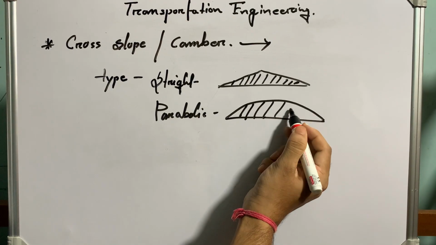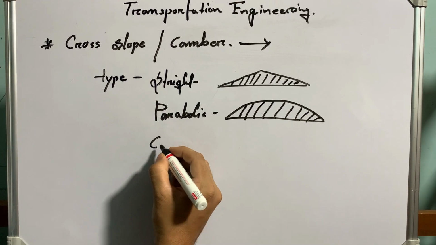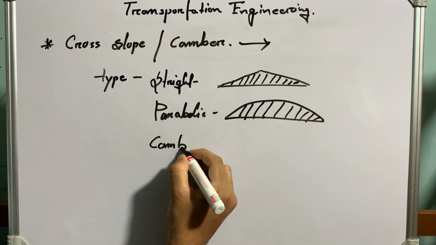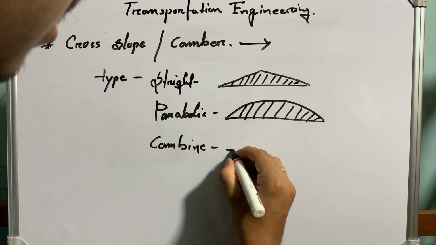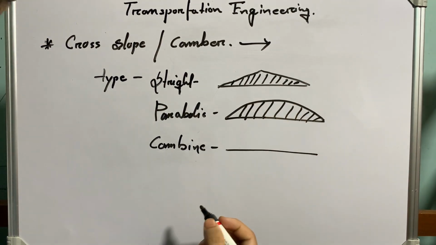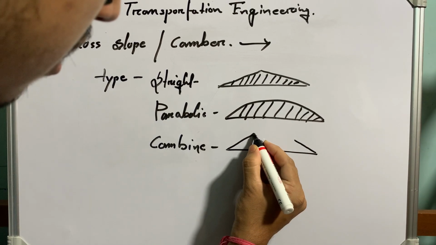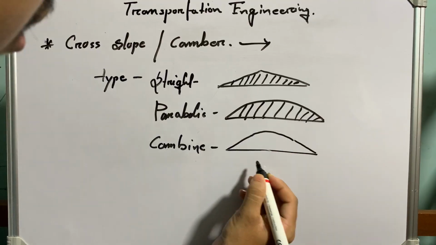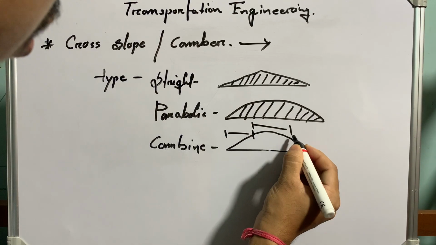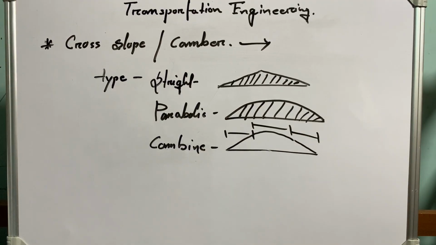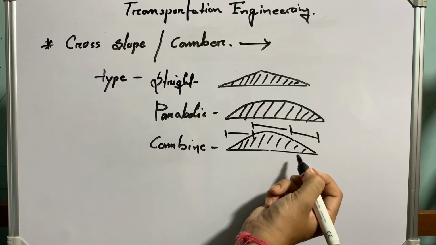The shape of the camber is parabola, and one more is there, which is combined. Combined means straight plus parabolic. It will start from the edges straight, and then at the crown part it will be parabolic. So from the edges it is straight, and the crown part, the middle part, is parabolic.